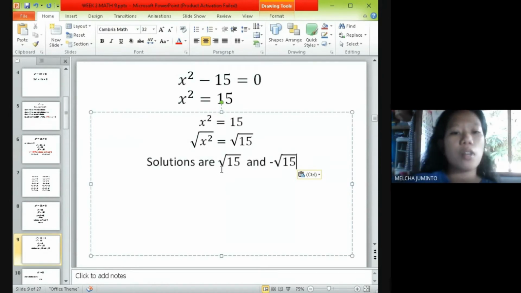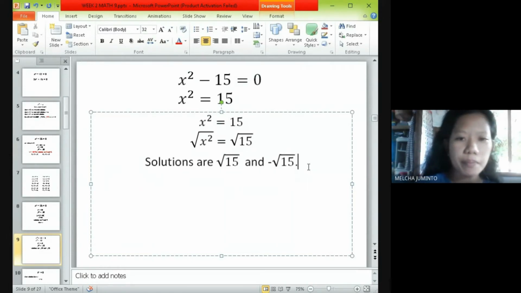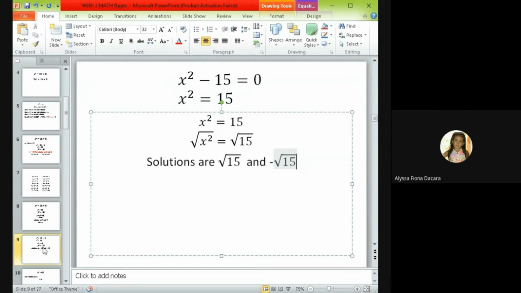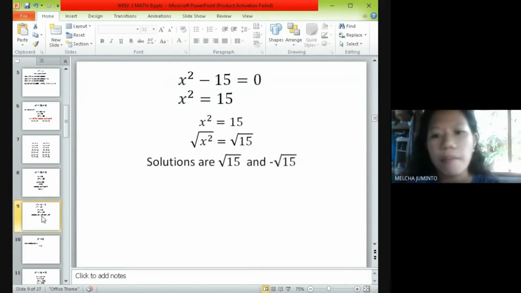Therefore, the solutions are square root of 15 and negative square root of 15. Okay na? Ano, Eliza? Opo. Okay. Another example. Thank you for that question.